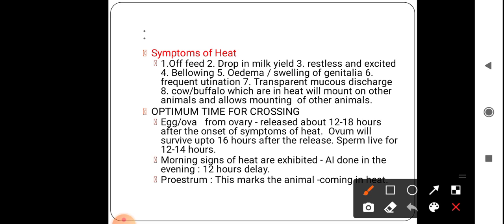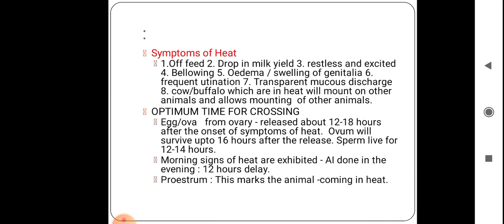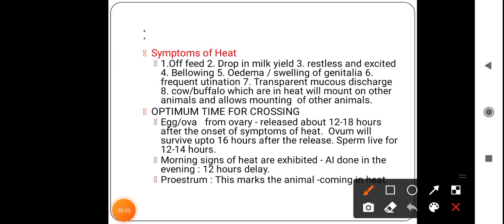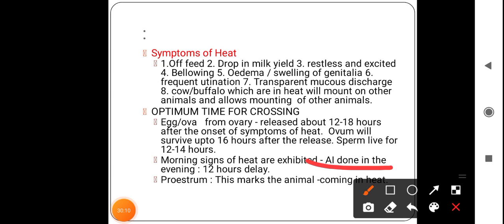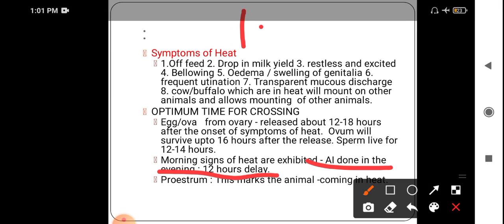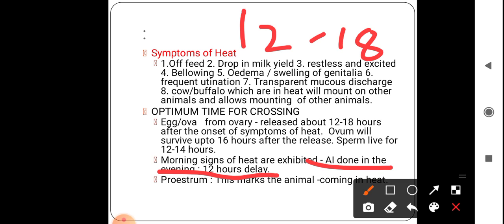So if the signs of heat are exhibited in the morning, then the AI, artificial insemination or crossing, will be done after a 12 hour delay, so that it is matched, since the ovum is released 12 to 18 hours after coming to heat.